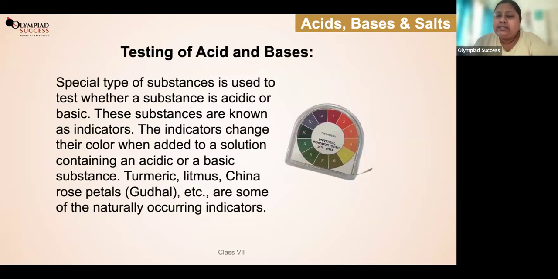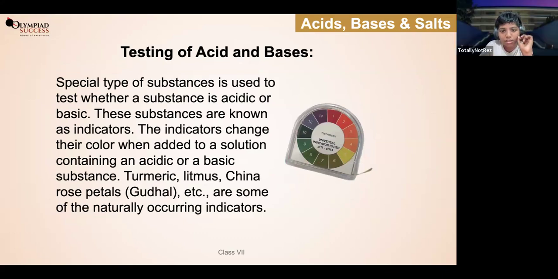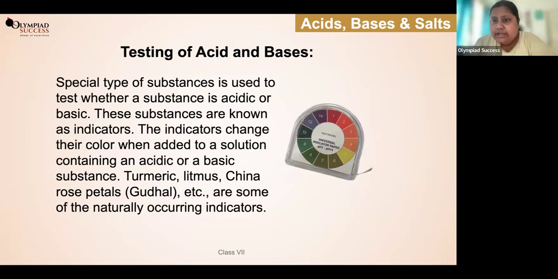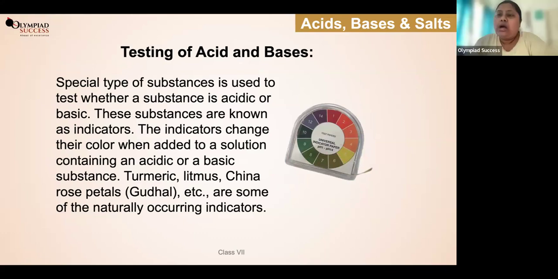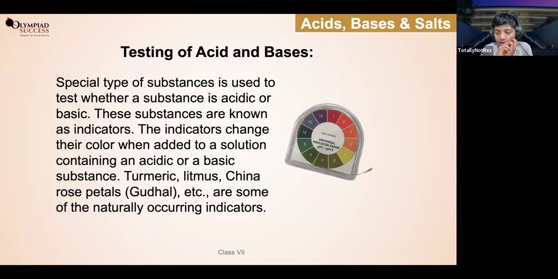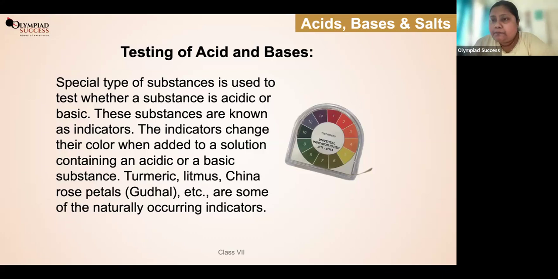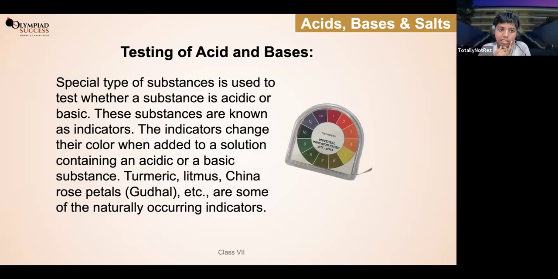Moving on to the indicators. What do we call the indicator? Also anything? pH indicator. Now, what do they indicate? How do they indicate? They indicate how basic or acidic a liquid is, and how strong or weak it is.